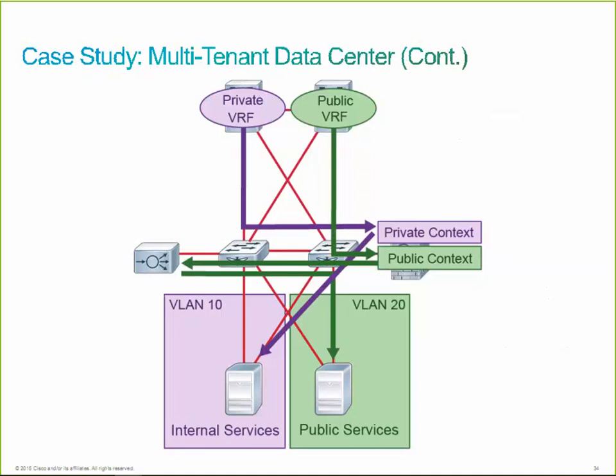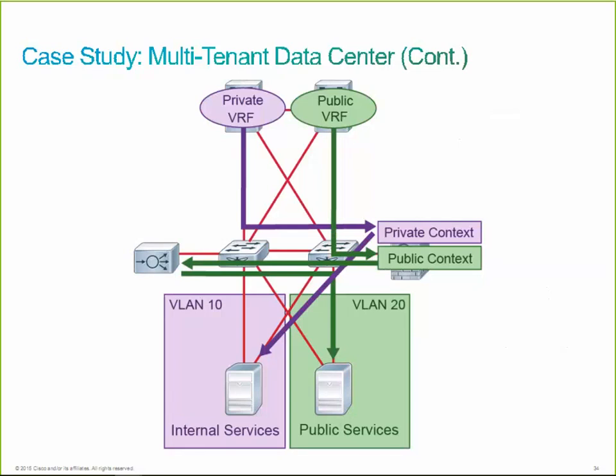All the traffic passes through a single physical firewall, and then at that physical firewall, we separate that traffic using our public and private contexts that we create. All right? So we would have to use a VDC on our data center switches, but we don't necessarily need to in this case. Why not?